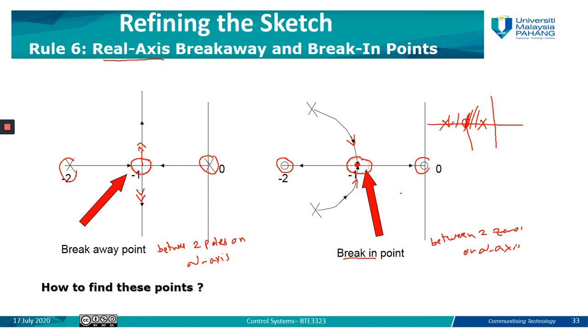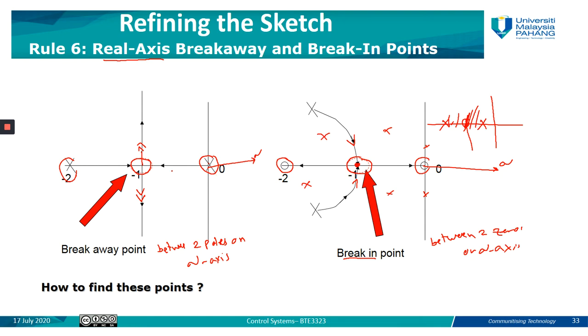Both exist on the real axis. So we are not talking about poles or zeros placed in the complex or imaginary area. No, we are talking about poles and zeros which are placed on the real axis, the sigma axis here.